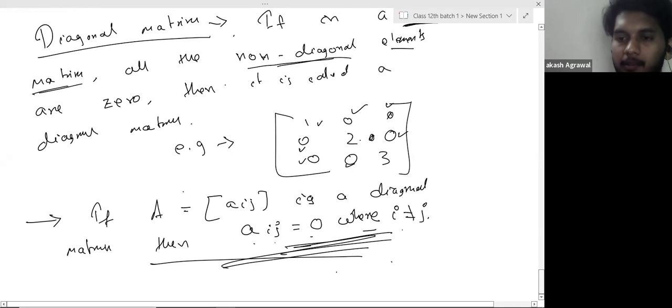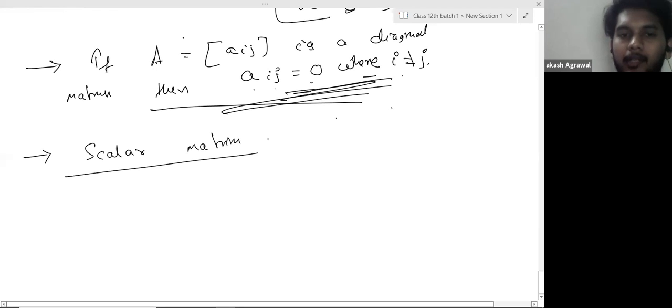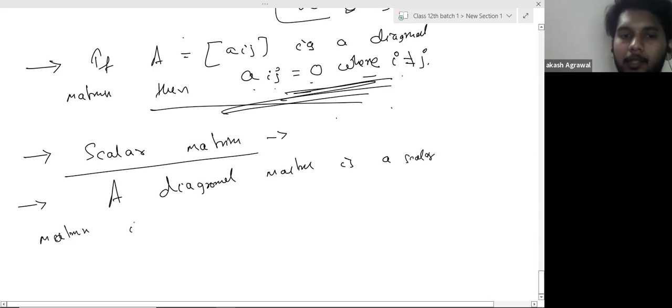Next matrix is scalar matrix. Write down: a diagonal matrix is a scalar matrix if all the diagonal elements are equal.